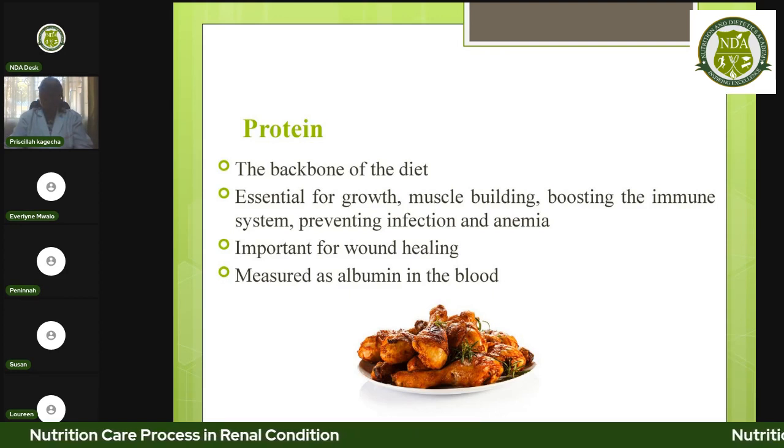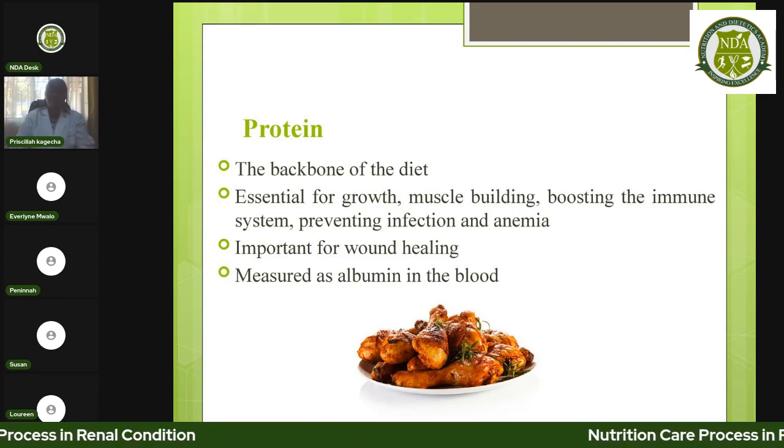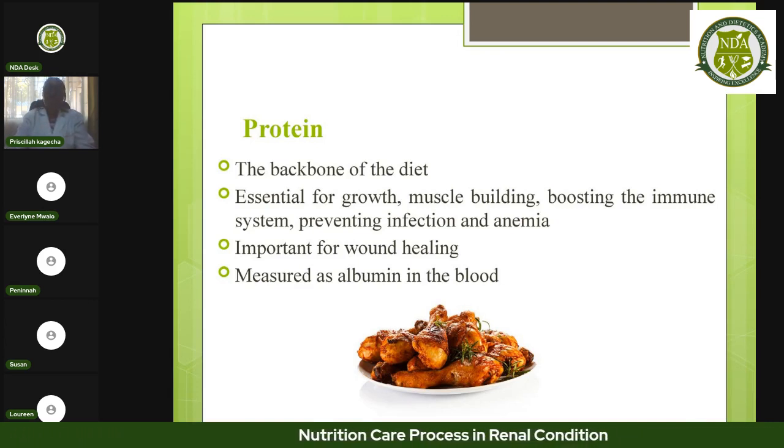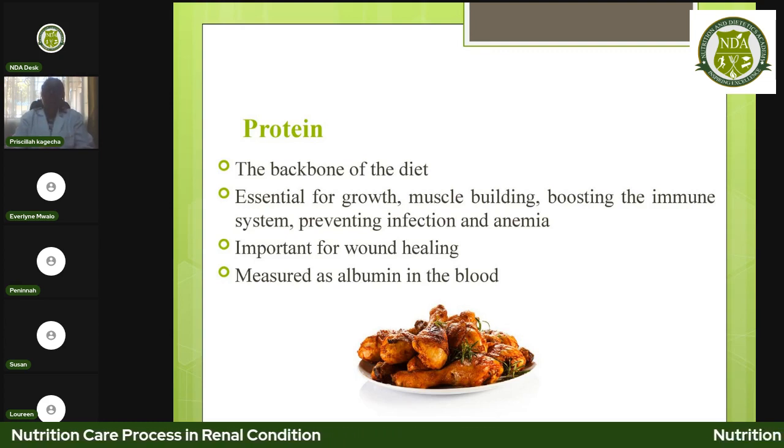So protein is a very important component in managing renal disease.